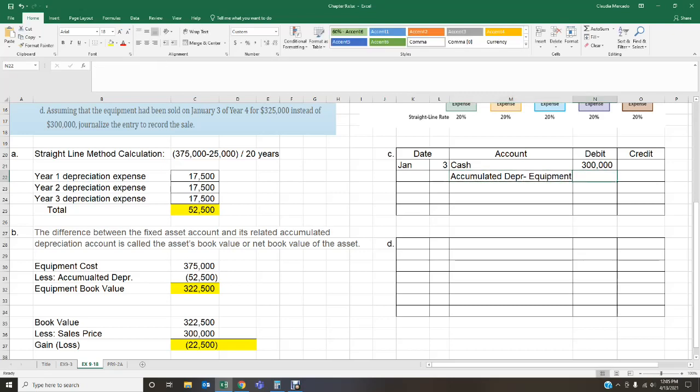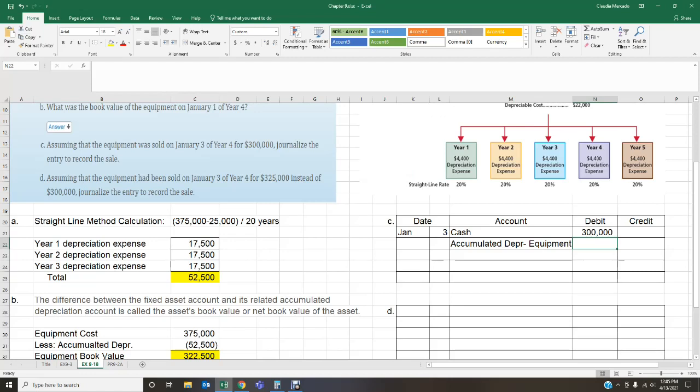How much did we have in the accumulated depreciation as of that point? Since we acquired the asset to the end of year 3, we had depreciated $52,500. We haven't depreciated year 4 yet because we are selling our asset on January the 3rd, at the very beginning of year 4. So our depreciation remains at $52,500.